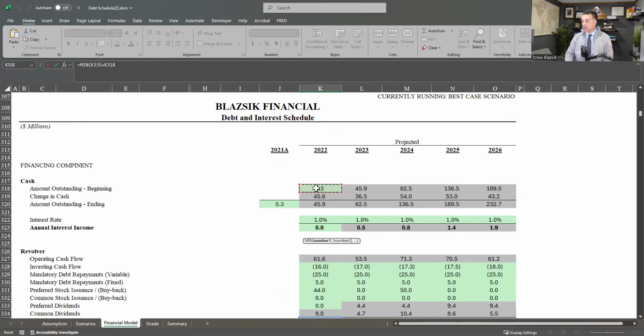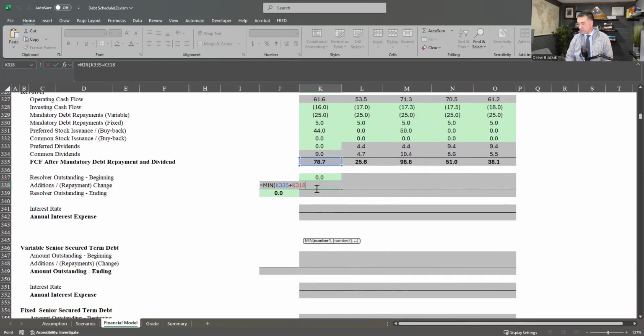That's important, right? I'm going to add those two up. And before I solve it, I'm going to hit comma. And then above it, I'm going to hit the revolver outstanding beginning balance, because according to the assumption, if we have money, we're going to automatically pay off the revolver. That's going to be an automatic account. But if we are negative, that means I have to add more to the revolver because we lost money that year. It's going to automatically kick in, go into that account.